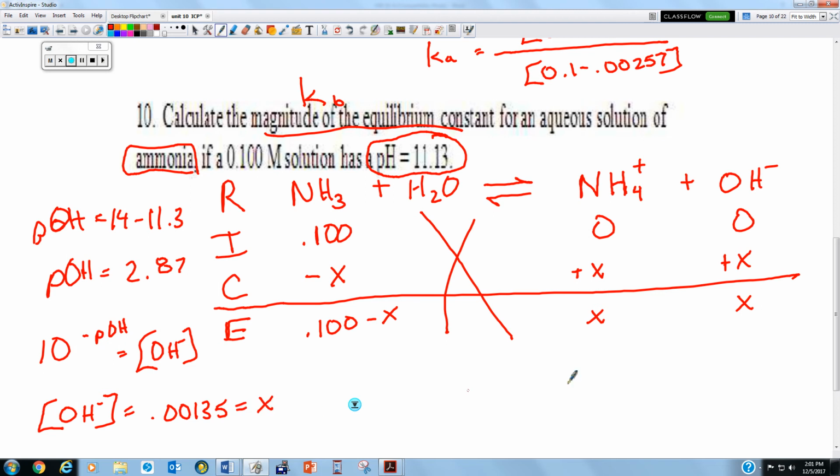Which equals X. So this is 0.00135, 0.00135, and this is going to be 0.100 minus 0.00135.